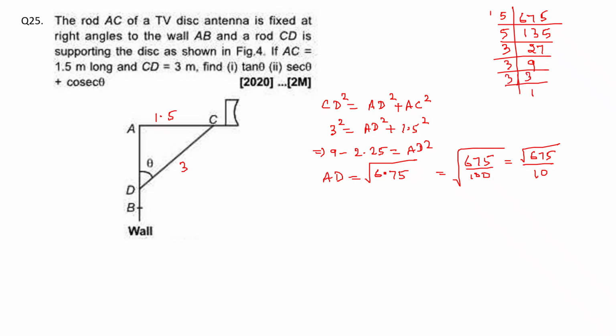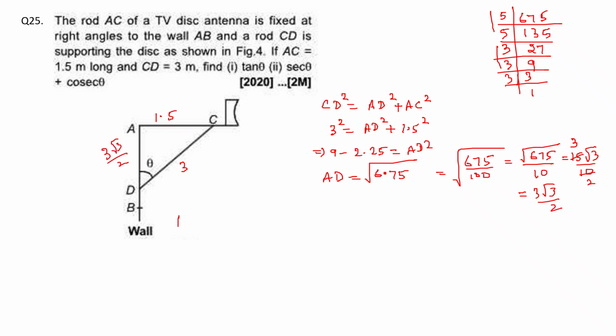So here I am getting a pair of 5 and 3. So it will become 15 root 3 by 10. Again further we can reduce it here. 5 threes are 15, 5 twos are 10. So it is 3 root 3 by 2. That is the value of AD.